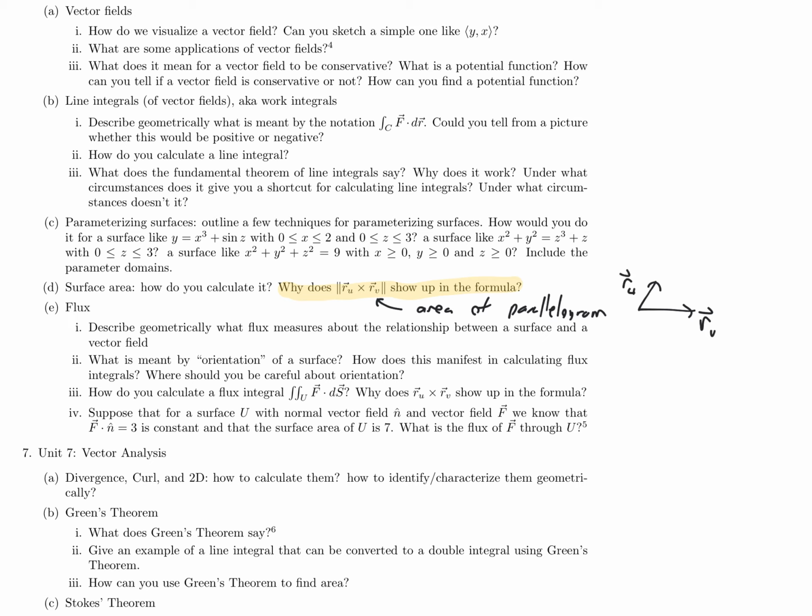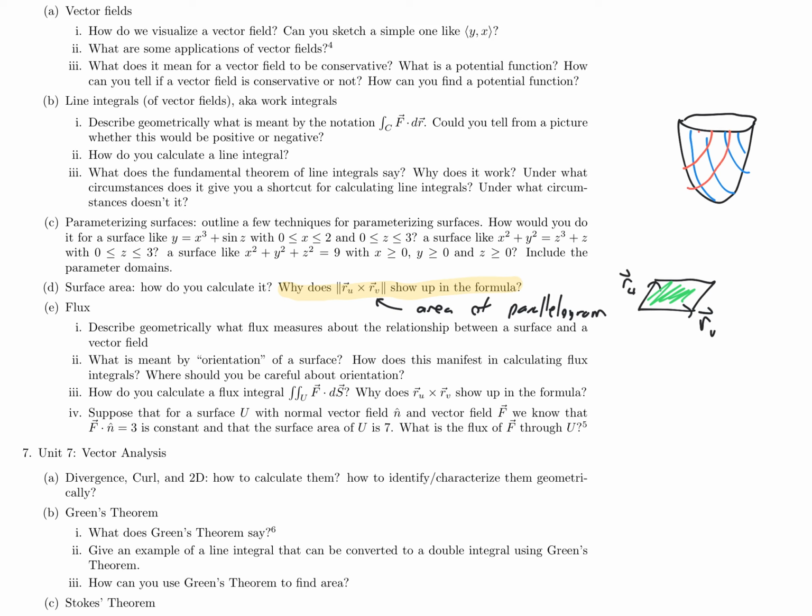It might not be super clear what parallelogram I'm really talking about here, but if you remember when we've drawn these pictures of parameterized surfaces before, it draws a grid on the surface. You've probably seen a picture of the paraboloid with the parameterization drawn on it.